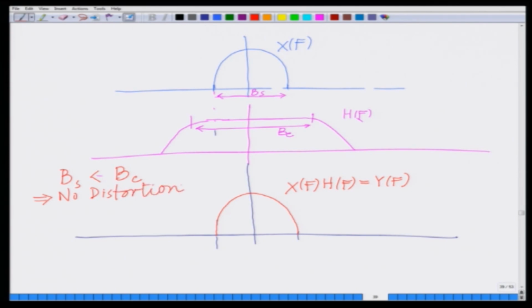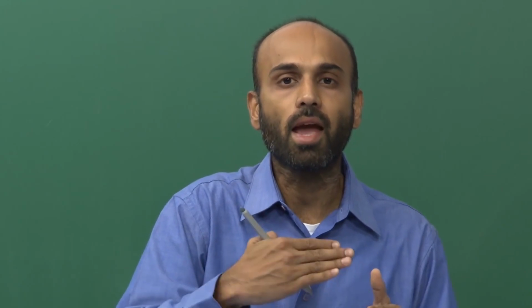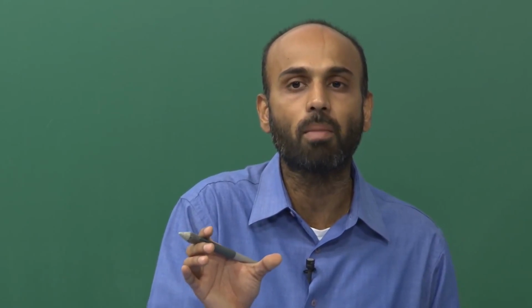What we are saying is there is a signal which has a bandwidth Bs and there is a channel which is flat over the bandwidth Bc. At the output you have X(f) multiplied with H(f), the response of the channel. If Bs is less than Bc, that is, Bs is within the flat portion of the channel, then when you multiply X(f) with H(f), the resulting Y(f) is not distorted.